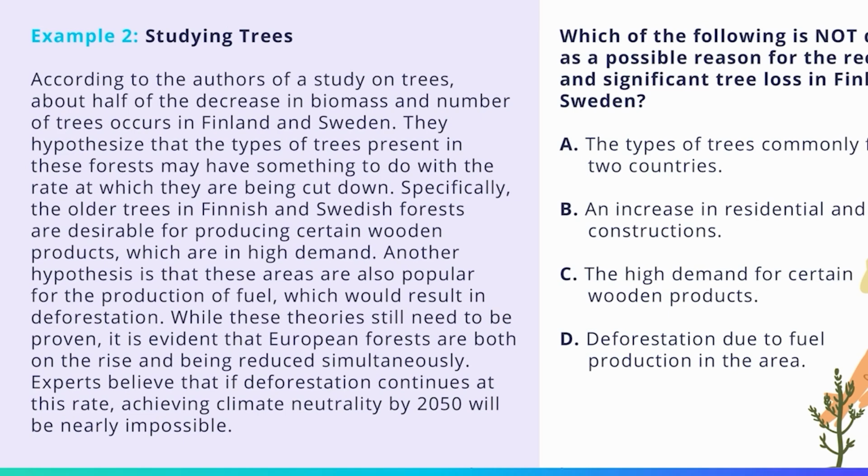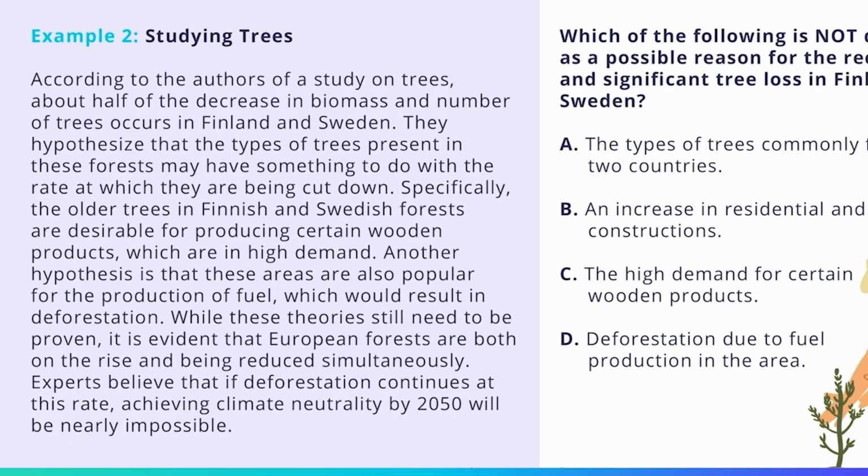They hypothesized that the types of trees present in these forests may have something to do with the rate at which they are being cut down. Specifically, the older trees in Finnish and Swedish forests are desirable for producing certain wooden products, which are in high demand. Another hypothesis is that these areas are also popular for the production of fuel, which would result in deforestation.